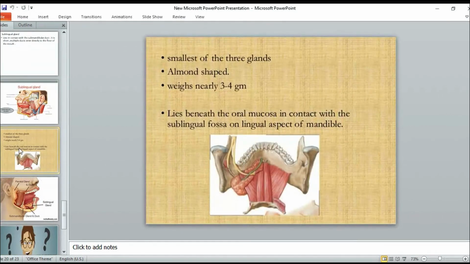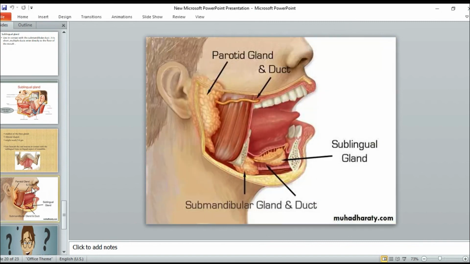About the sublingual gland, the smallest of the three glands, it is almond shaped and weighs 3 to 4 grams. It lies beneath the oral mucosa, in contact with the sublingual fossa on the lingual aspect of the mandible. You can see it does not have just one duct.